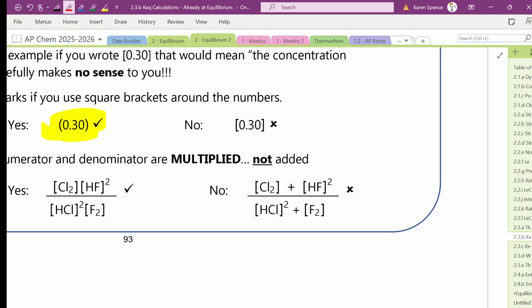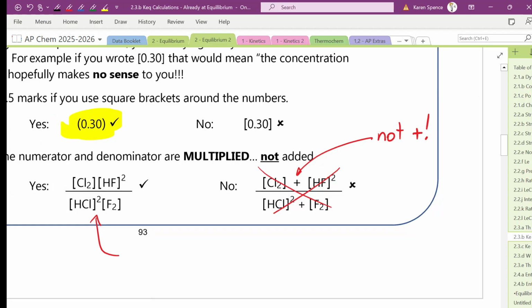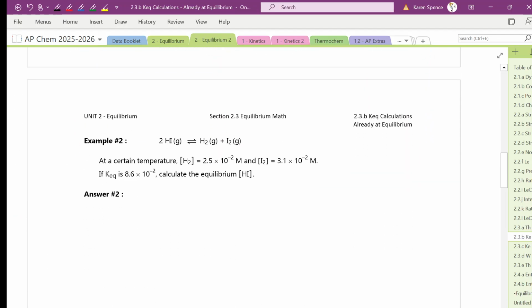Even though everyone always tells me that they understand that this is multiplication here and not addition, somehow or other, little plus signs end up in there. Not frequently, but every once in a while. I know the brain just goes like, psst, it has like a little short circuit for a second, and all of a sudden there's a plus sign in there. Don't do that. Just avoid that, okay? No pluses. All right, so that's going to get you all your credit.